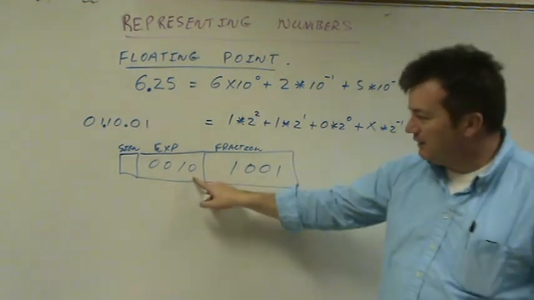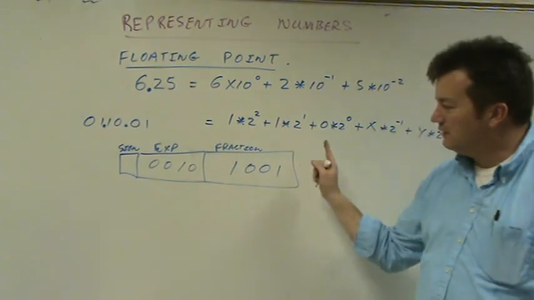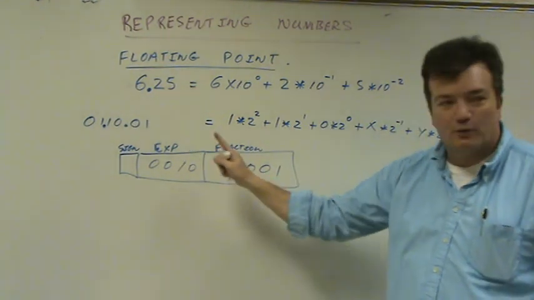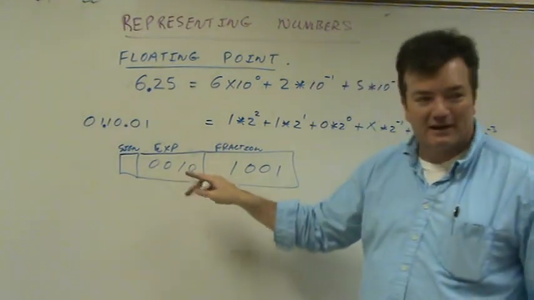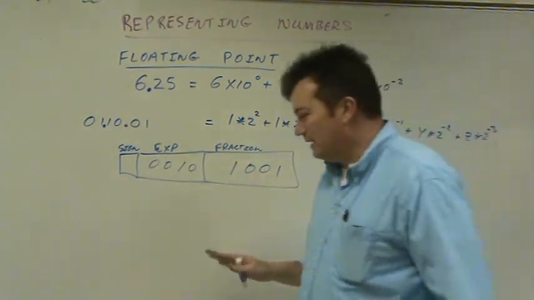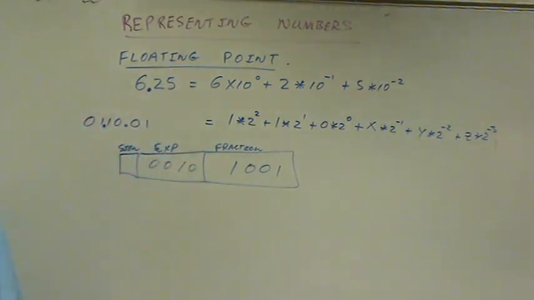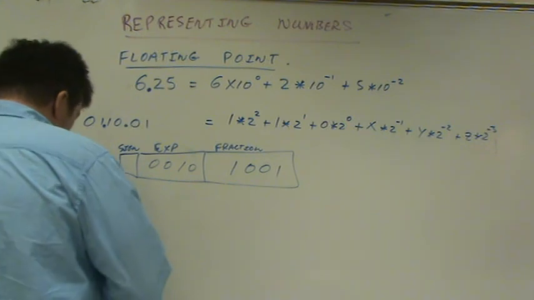Now the other thing is, the exponent could go positive or negative. So now we're starting to get into the situation where we have to have positive and negative exponents. And what they decided to do was come up with a number of bits to dedicate to each section.